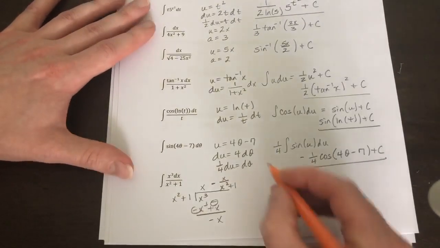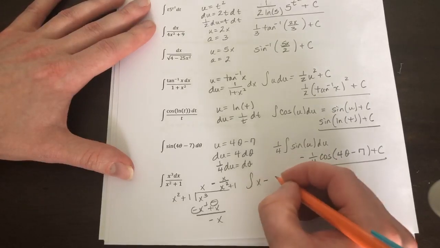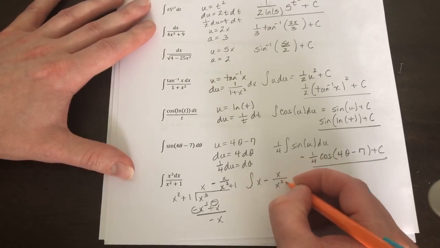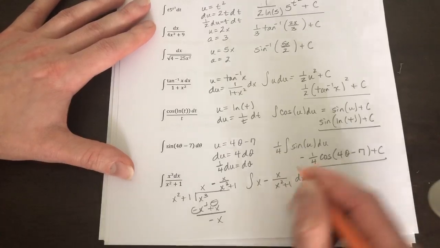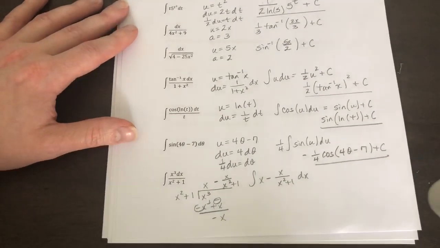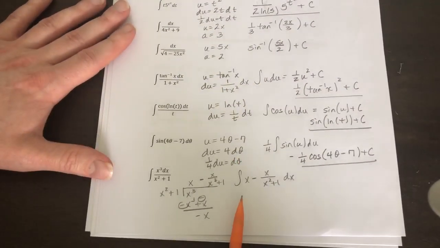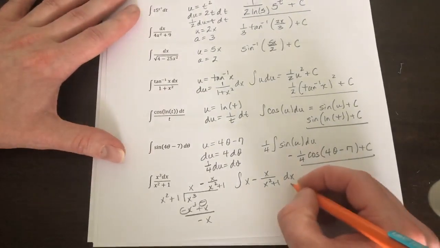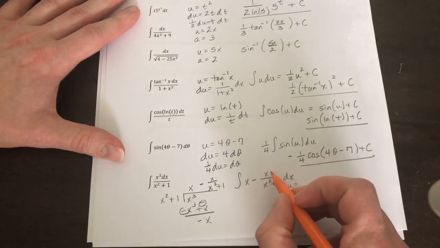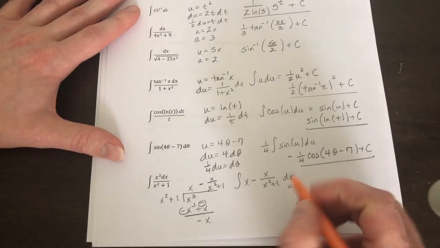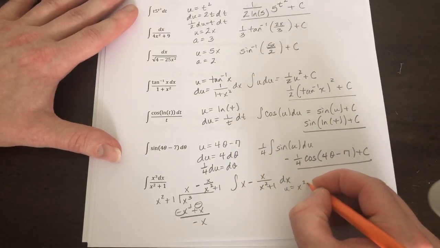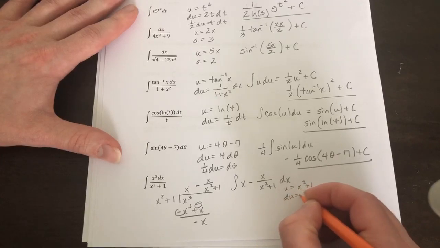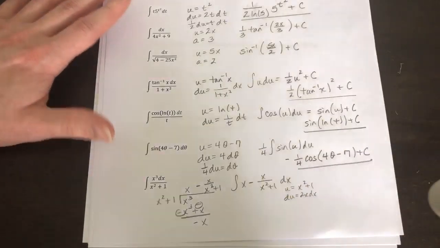So this is what I'm going to actually be integrating. Now, we know that the integral of x is 1/2 x squared, but this portion right here is going to go to a natural log because it's 1 power less than it is on the bottom. So your u is x squared plus 1. Your du is 2x dx.